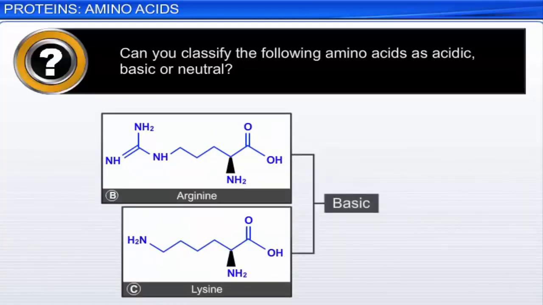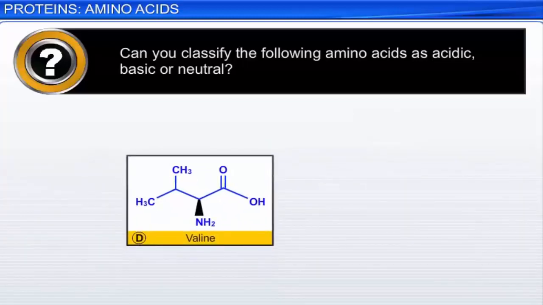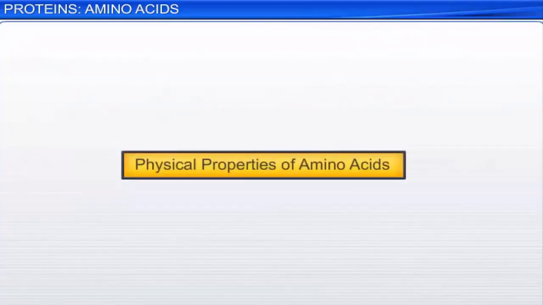They have multiple amino groups but only one carboxylic group. Molecule D, the amino acid valine, is neutral. It has one amino group and one carboxylic group. Let us now study the physical properties of amino acids.